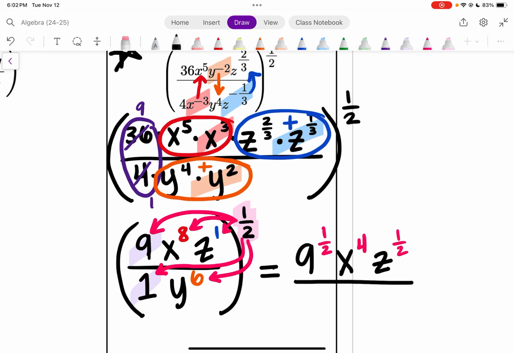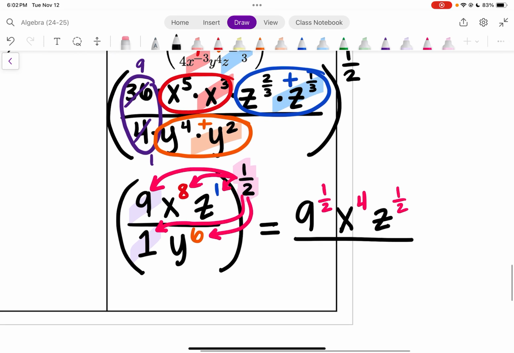Over, sharing the love, 1 to the 1/2. And because we're multiplying, you guys, that changes what that 1 is. So we need to keep 1 to the 1/2. That's important. Okay? So it's 1 to the 1/2 over y to the 6. Okay?